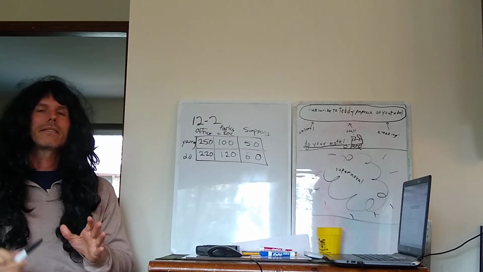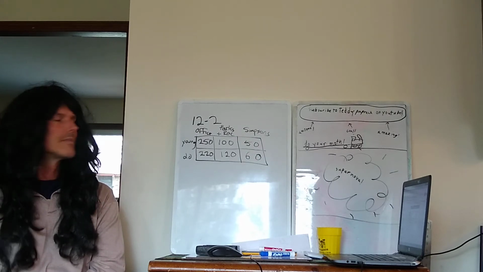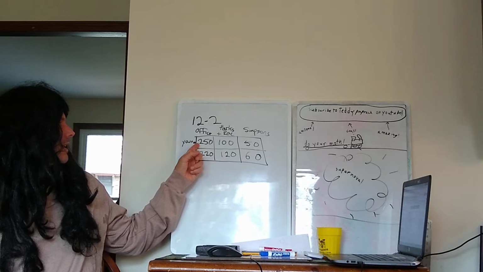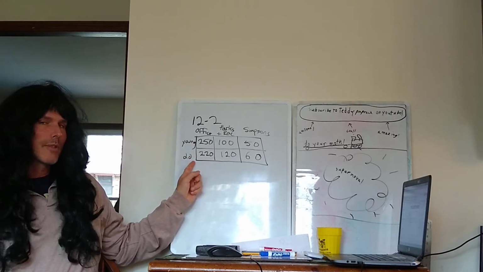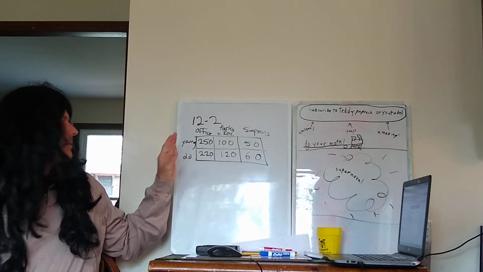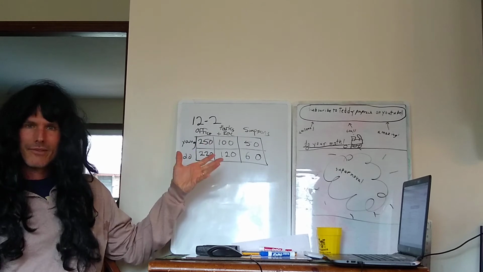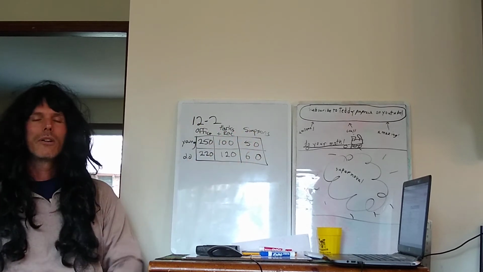Now, take a minute, maybe on your piece of paper, and jot that table down. We had a random sample of 400 young people, a separate random sample of 400 old people, and this is the number of people in each sample that said that this was their favorite show, or this, or this.